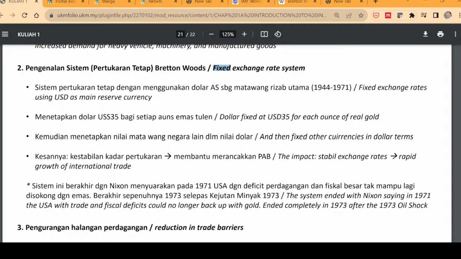And you are holding the US dollar in your central bank. Every $35 that you hold means you have 1 ounce of real gold.